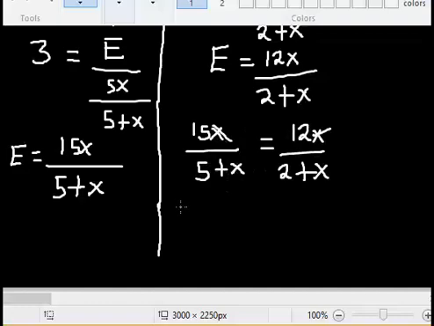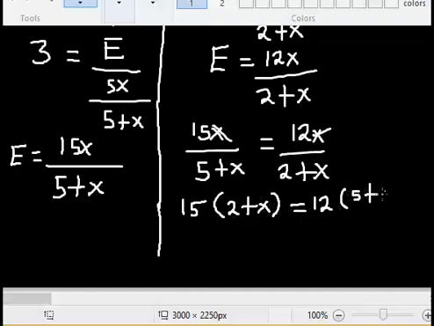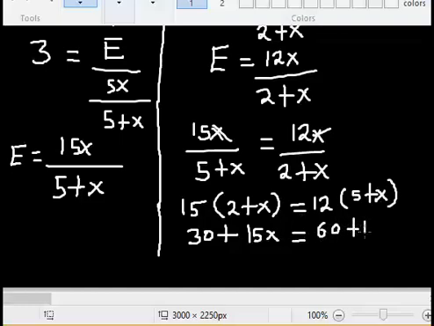Cross multiplying, I'm gonna have 15 multiplied by 2 plus x equal to 12 multiplied by 5 plus x. Open this bracket. 15 times 2, that's 30, plus 15x is equal to 60. 12 times 5 is 60, then plus 12x.